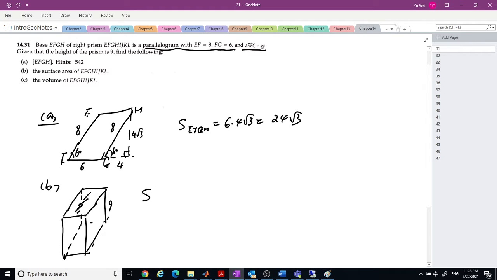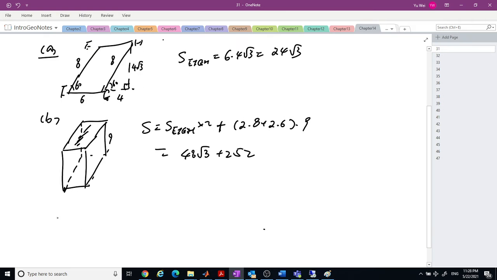So the surface area is equal to 2 times S of EFGH, plus the perimeter of the EFGH, which is 2 times 8 plus 2 times 6, times 9. So the answer is 48 root 3 plus 252.